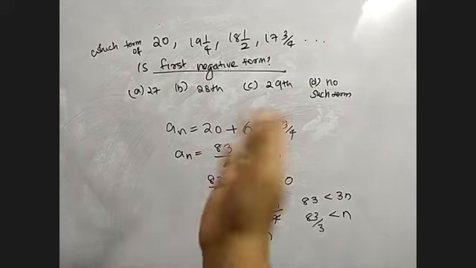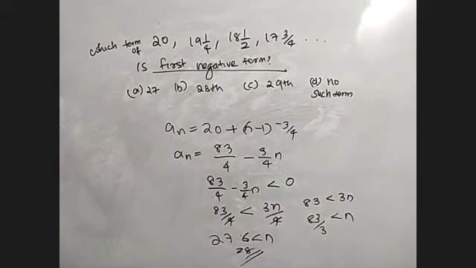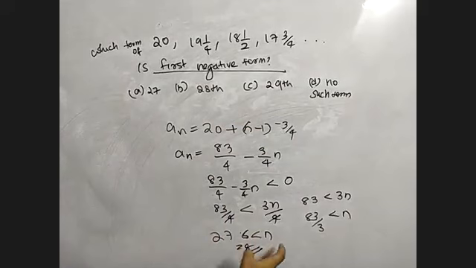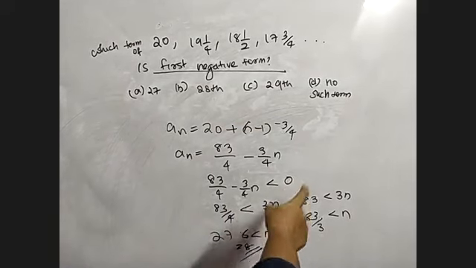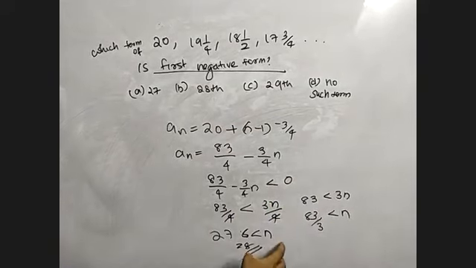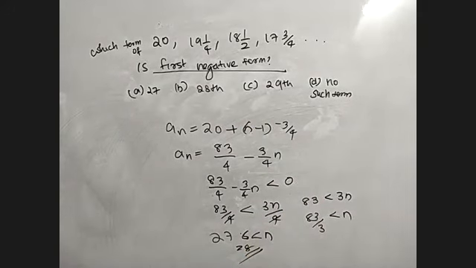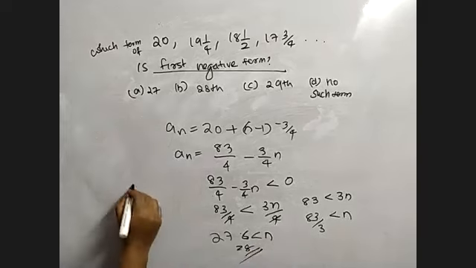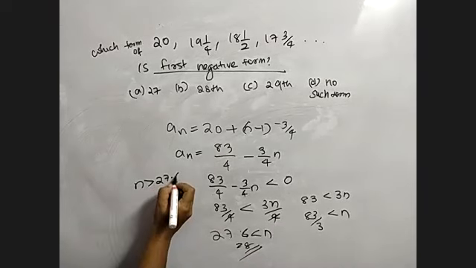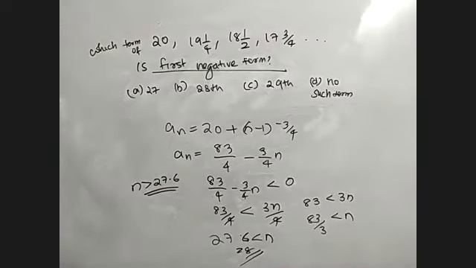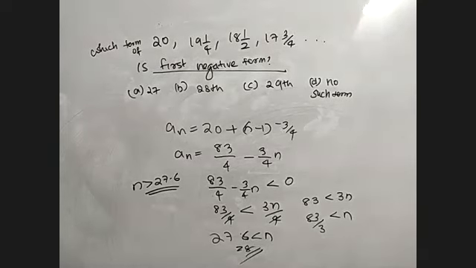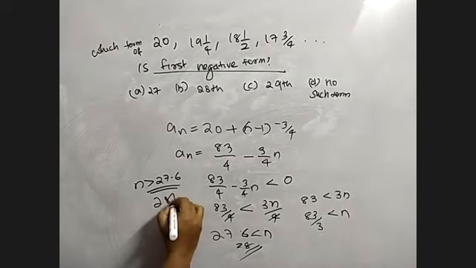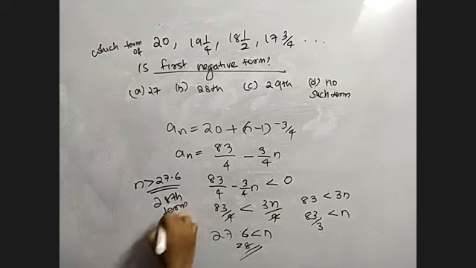Terms cannot be decimals, right? First term, second term, like that we say, no? So that means we get a negative number when n is greater than 27.6, right? That means the first negative number should be the 28th term, isn't it?